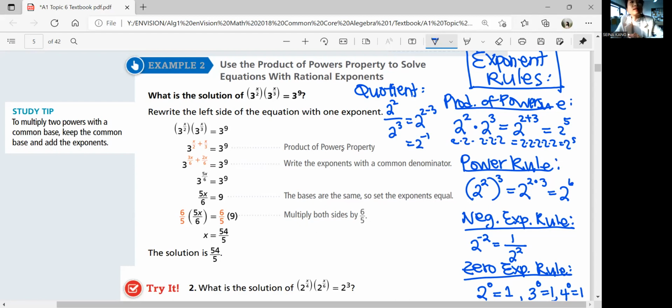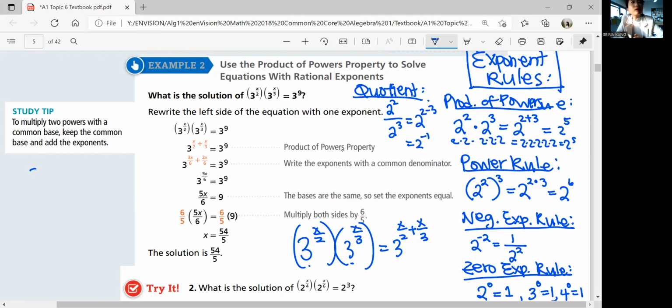If you multiply the same base with different powers, then you can add the powers, add the exponents. So here, 3 to the x over 2 times 3 to the x over 3. The powers are different, but we have the same base. So we can use the product of powers and say that's going to be 3 to the x over 2 plus x over 3. Okay, that's on the left side. And so you can add them, you can simplify them.